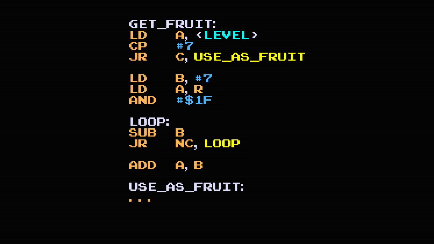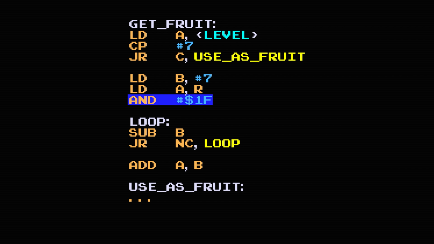Here's the code that chooses what fruit to use. First, the level number is loaded into the A register. If it's less than 7, then that is used as the fruit index directly. Otherwise, a random number is loaded into A using the R register again. This time, the value is logically ANDed with the constant hex 1f, which will give a number between 0 and 31.